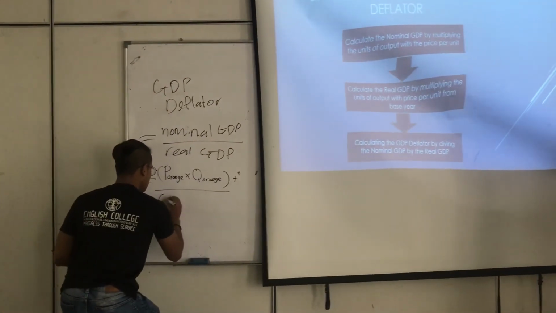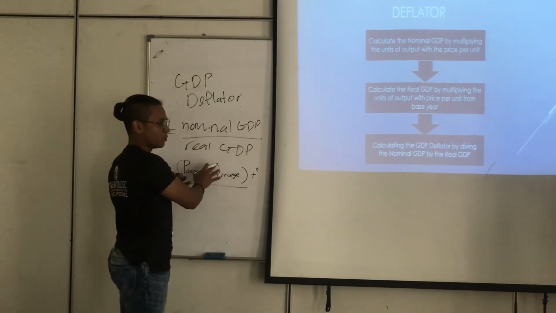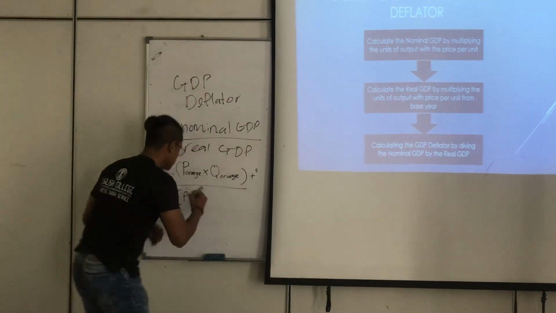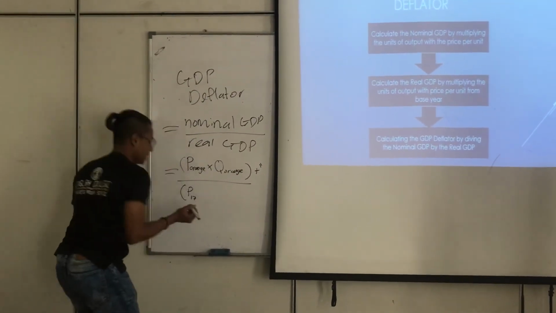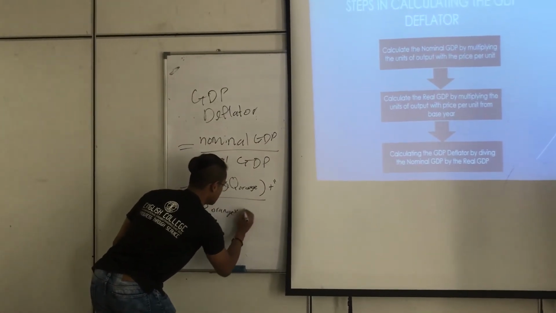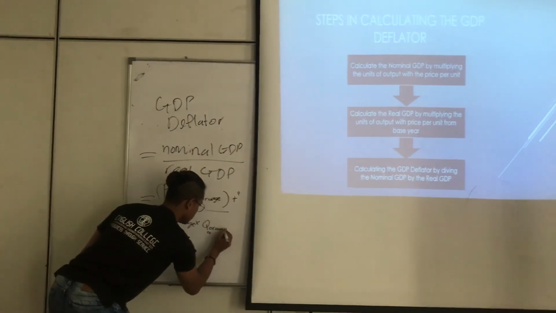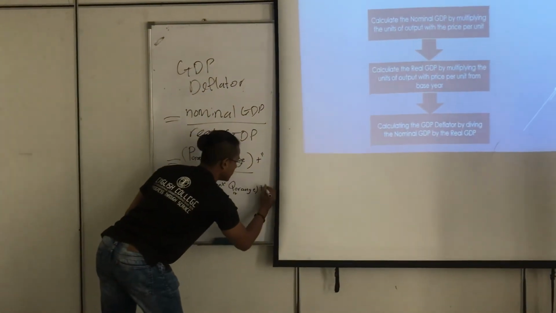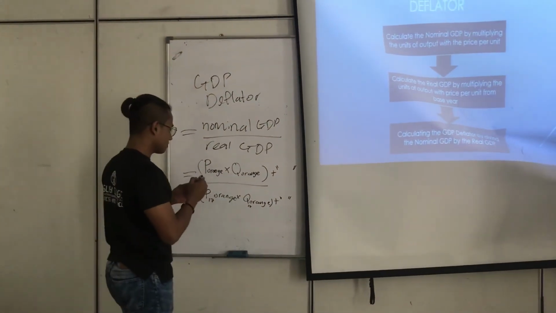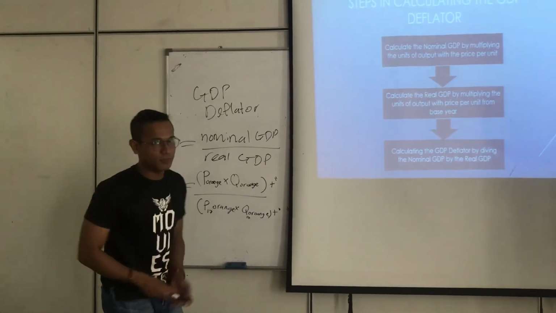Let's say this is for 2018, and we're going to use 2017 for the base year. So we write here P17 of orange times quantity 17 of orange, plus the same thing for the apples. That is how you calculate the GDP deflator.